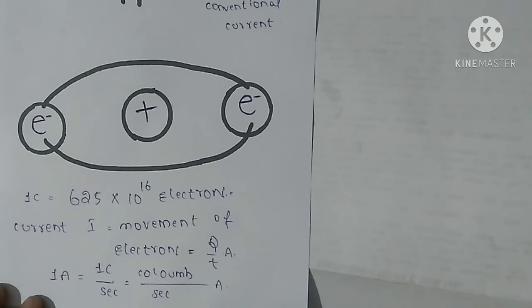It means 1 ampere of current means 6.25 × 10^18 electrons per second. So the movement of 6.25 × 10^18 electrons per second is known as a current of 1 ampere.